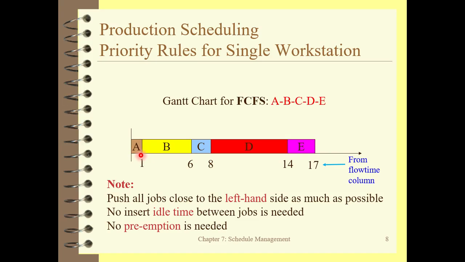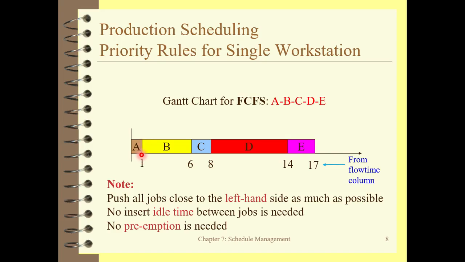Because there is only one resource that several jobs need to share, and just one job can occupy the resource at one time. So you need to wait until job A finishes and then job B can start. Don't forget that you need to push all the jobs as close to your left hand side as possible. In this case, whenever job A finishes, you start job B.